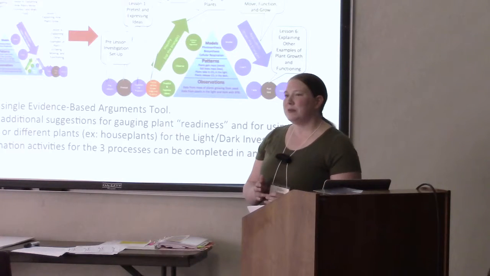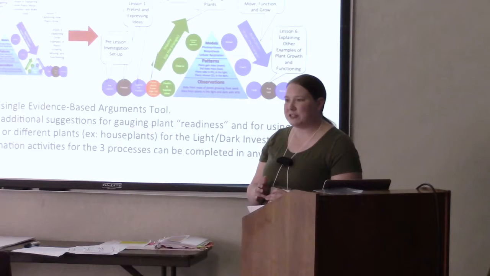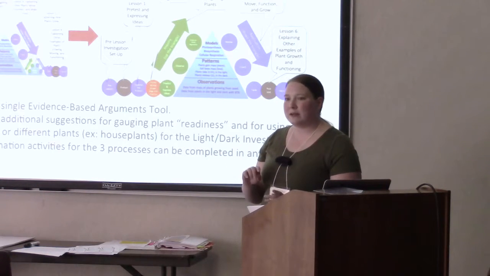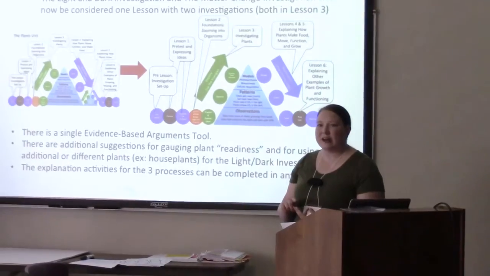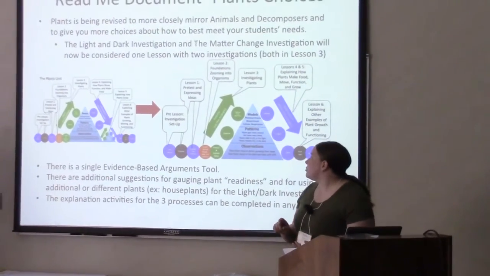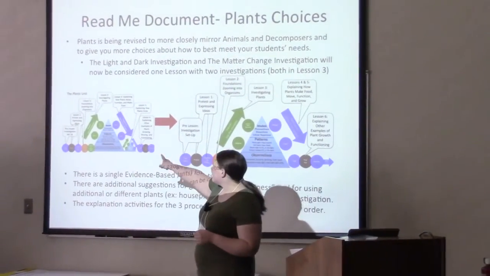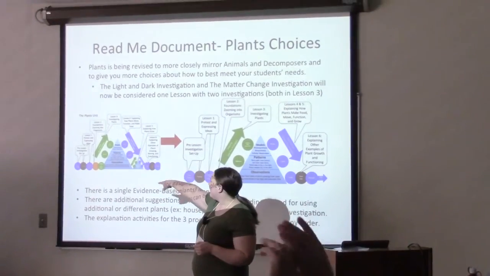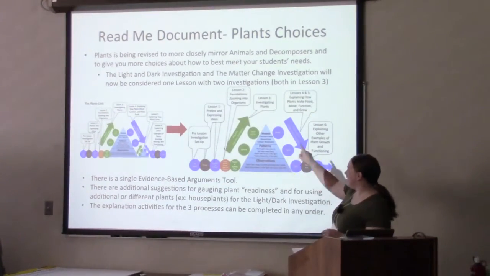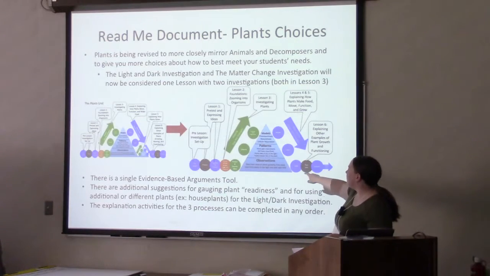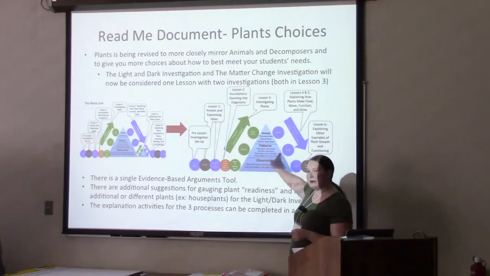Within these README documents, it's come to our attention through other conversations that the plant unit sits apart from the other macroscopic units of animals, systems and scale, and decomposers, as the investigations were divided into 2 lessons. So we're moving from this instructional model in plants, where we had the 2 investigations, and moving both investigations into lesson 3.